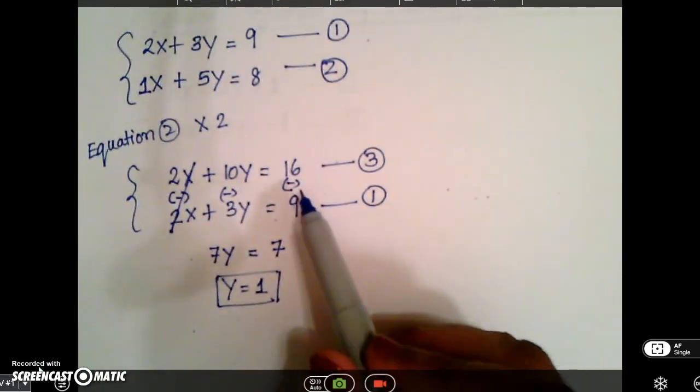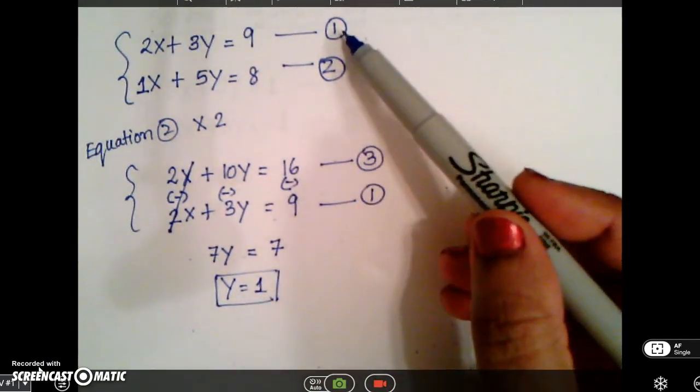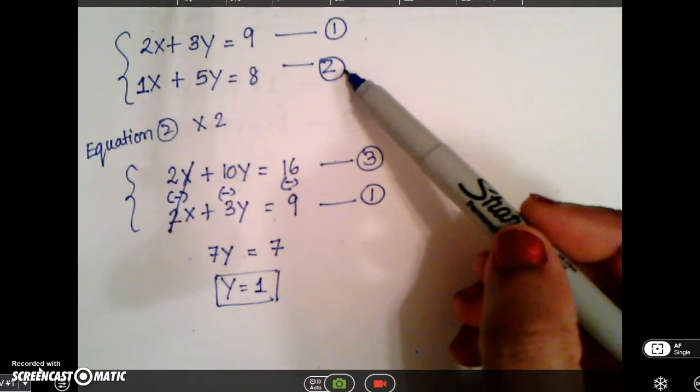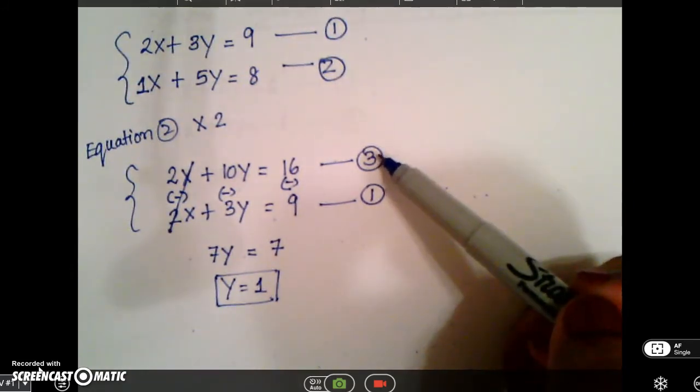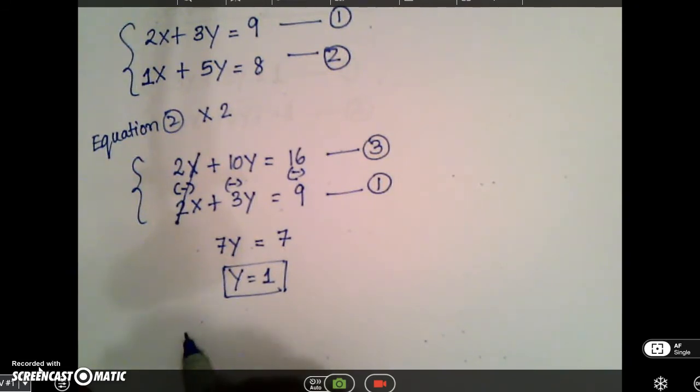Now I have to figure out what x is. I can take this y value and plug it into any one of the equations: equation 1, equation 2, or equation 3. I'll get the value of x. So I have 2x plus 3 times 1 is equal to 9, or 2x plus 3 is equal to 9.